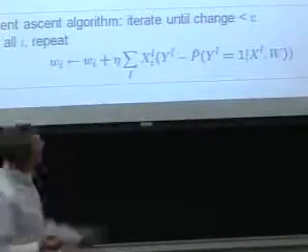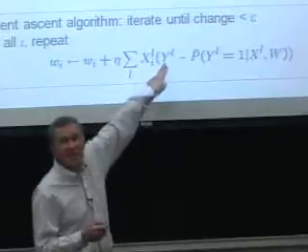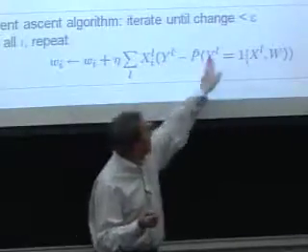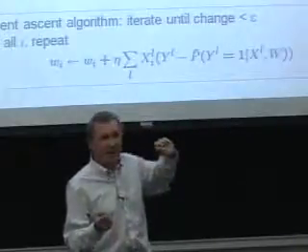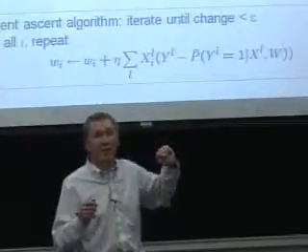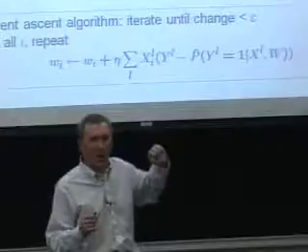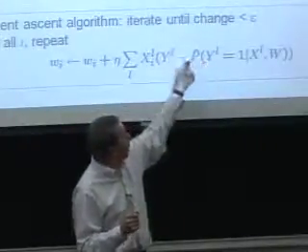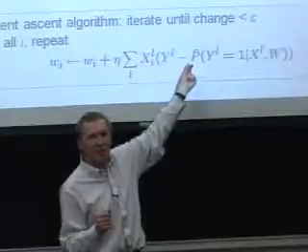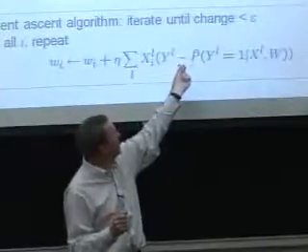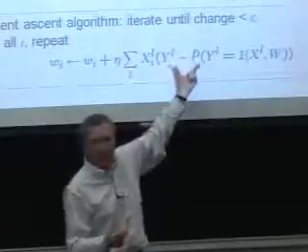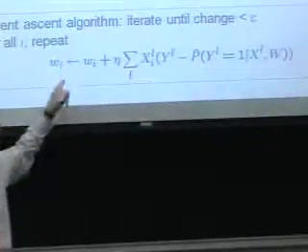Suppose the true value is 1, and we predict y equals 1 with probability 0.9. Then this will be 1 minus 0.9, 0.1, a small amount. On the other hand, if we really don't know and the probability of y equals 1 is 0.5, then this will be a larger term, and we're going to make a bigger change to W sub i.